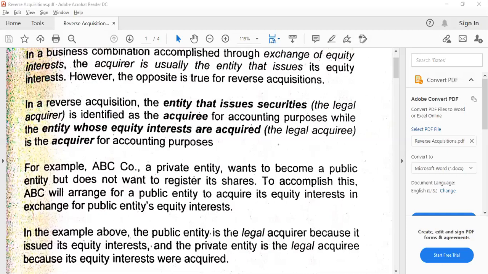And then to proceed, the entity that issues securities, as what we've said, is normally the acquirer. So that's a setup, legally speaking. If you look at the document itself, that ABC company, just like in the example, for example, would be wanting to become public but does not want to register its shares.